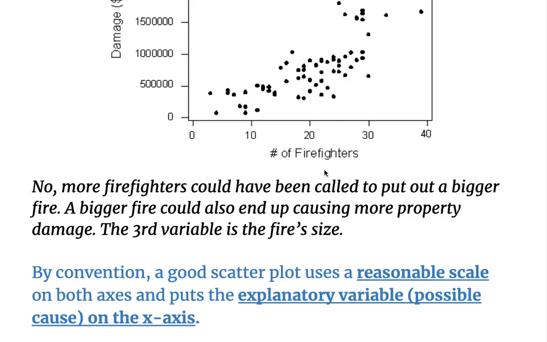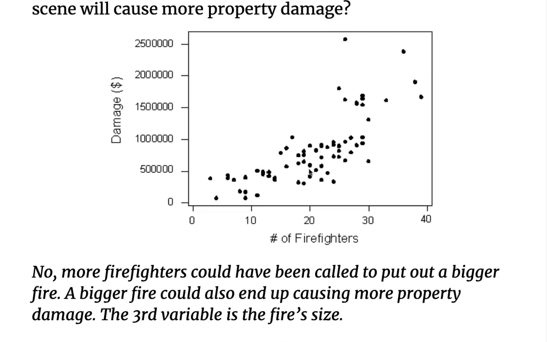What we think could be a cause would be put on the x-axis. So like here, we wouldn't put property damage on the x-axis and number of firefighters on the y-axis, because in no way, shape, or form would property damage cause there to be more firefighters coming.